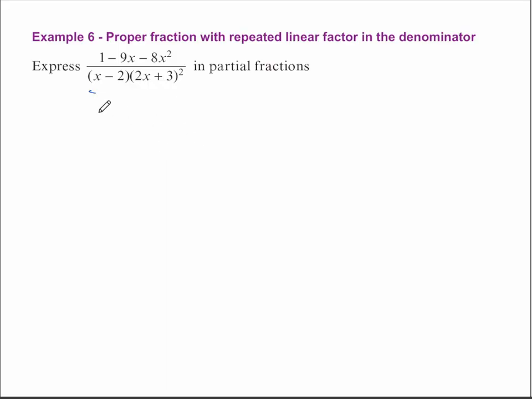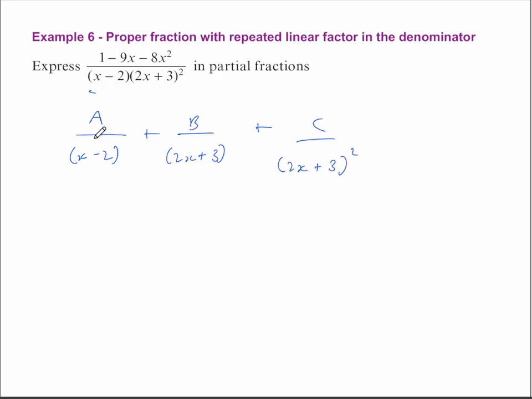So our partial fraction is going to look like this: a over the first bracket, x plus 2, plus b over the second bracket without the square, 2x plus 3, plus c over the third bracket including the square, 2x plus 3 squared.